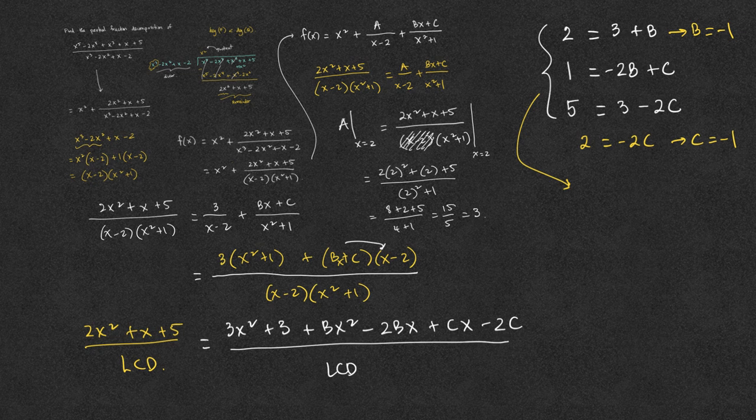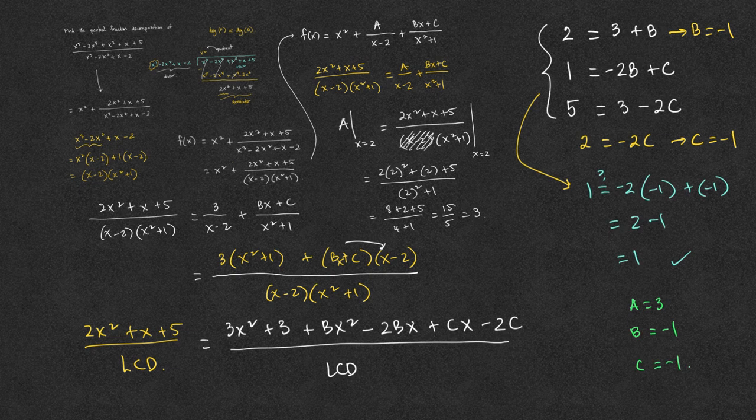The middle equation states that 1 equals negative 2 times b plus c. Negative 2 times negative 1 is positive 2. 2 minus 1 is indeed 1. And so we have b and c. To summarize this, we have a equals 3, b equals negative 1, and c equals negative 1.